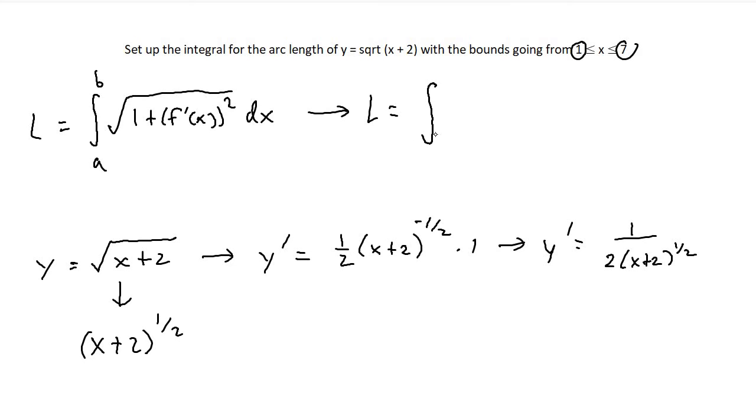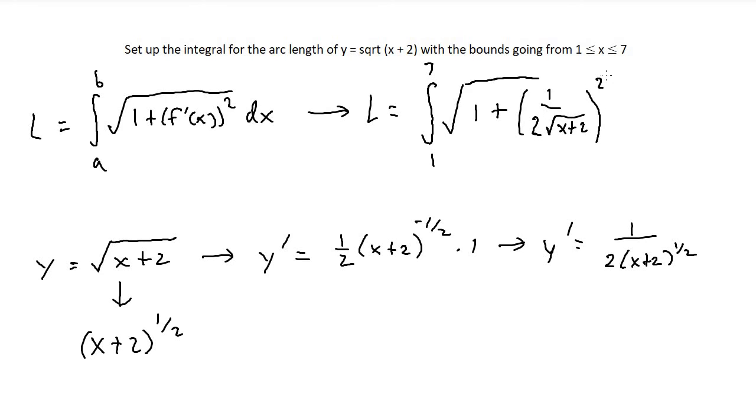So we're going from 1 to 7, of the square root of 1 plus f prime of x, and f prime of x is equal to 1 over 2 times x plus 2 to the 1/2, or I can write 1 over 2 times the square root of x plus 2, the entire thing squared, dx. Now I'm not going to antiderive this by hand since it's just asked to set up the integral, but this will be what you plug into your calculator to get the correct answer.